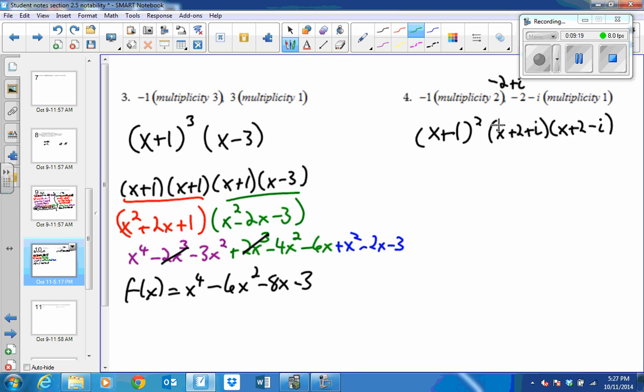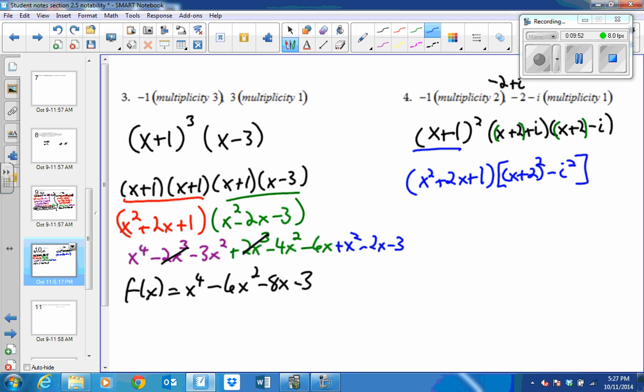Now if I group these so that we have a conjugate in these two, I'm going to multiply this one out right now. So the blue is going to become x squared plus 2x plus 1. And this nasty thing is going to become x plus 2 squared minus i squared.